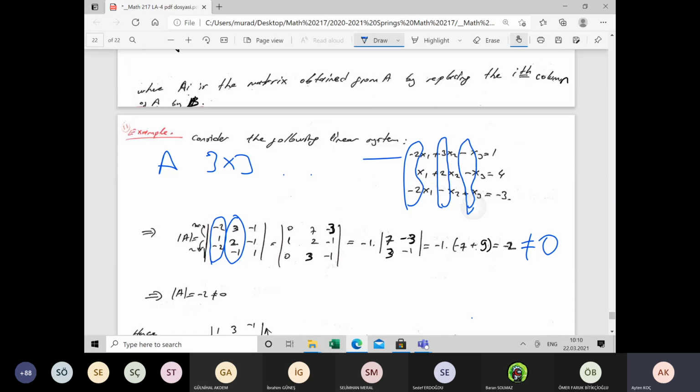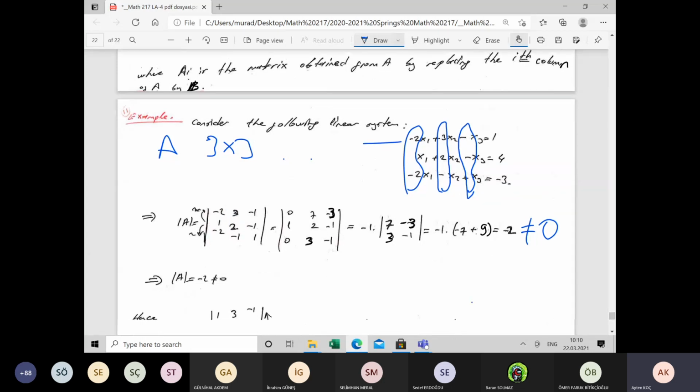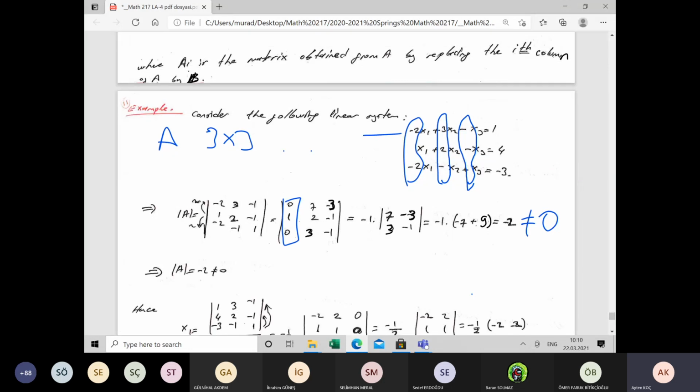It's okay. Let's compute this one, also using the more zeros here and using the first column expansion. So our aim is to get 0 here. How to get 0? It's okay. Using the second row, multiply by 2 to get 0 here.